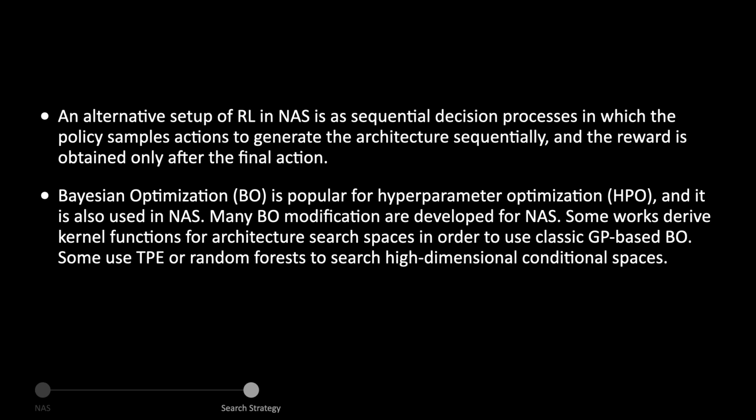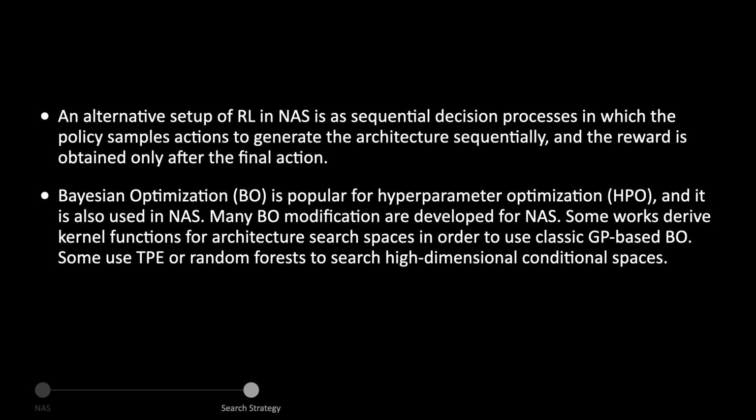An alternative setup of RL in NAS is a sequential decision process in which the policy samples actions to generate the architecture sequentially, and the reward is obtained only after the final action. Since no interaction with an environment occurs during this sequential process, this simplifies the RL problem to a stateless multi-arm bandit problem.